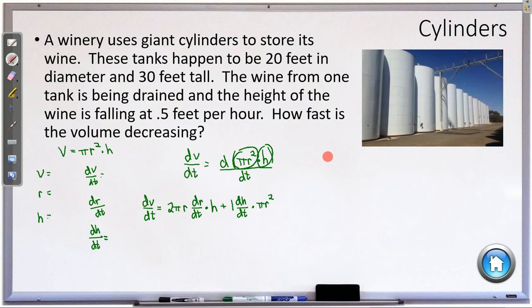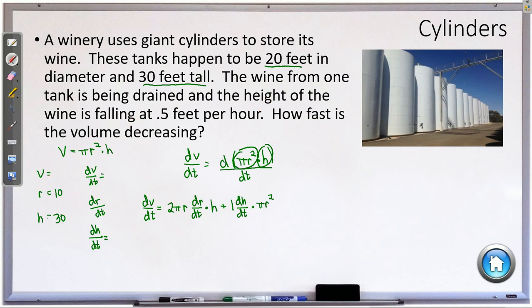Now we need to plug things in. So let's fill in what we know about this problem. It is 30 feet tall, so that's the height. It's 20 feet in diameter, which means the radius is only 10. Do we know the volume? Didn't give it to us.